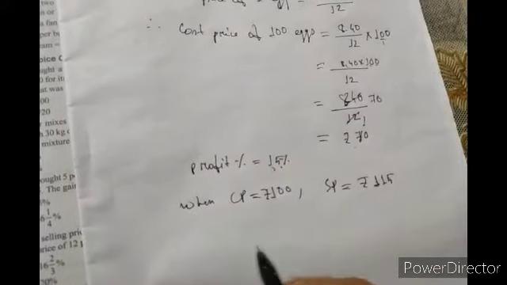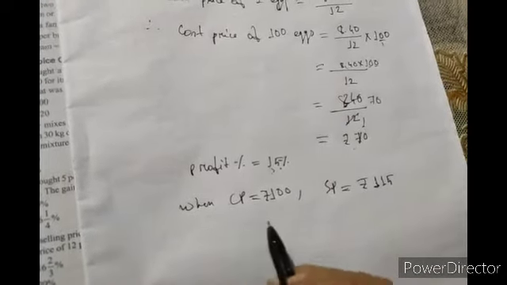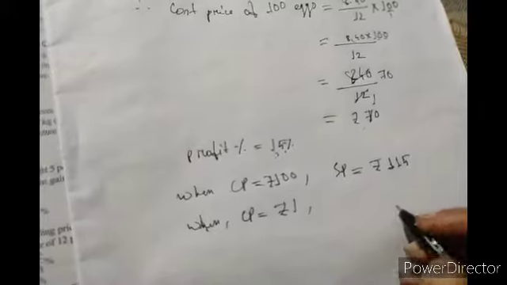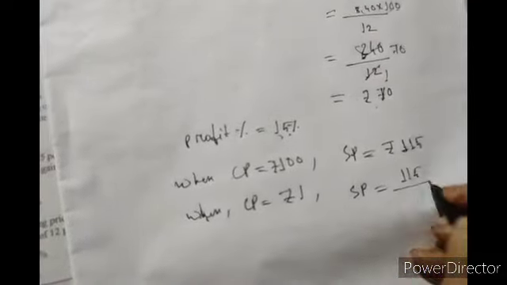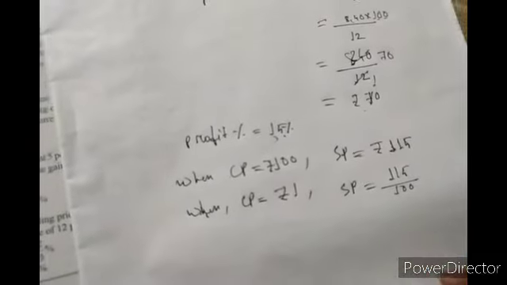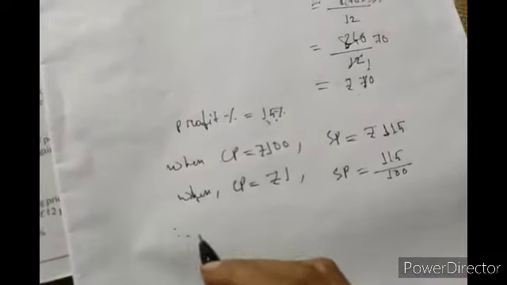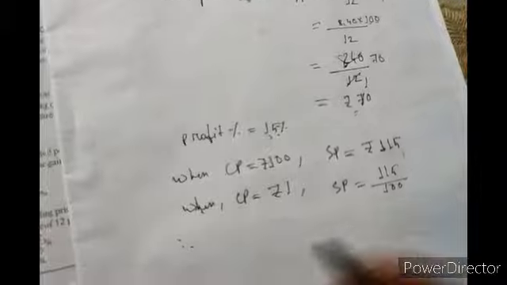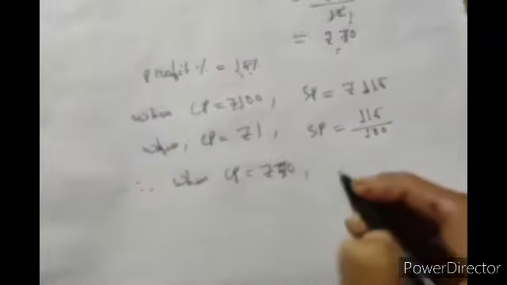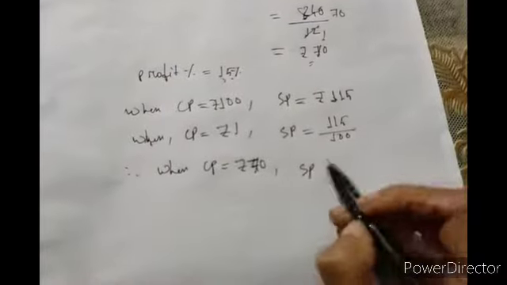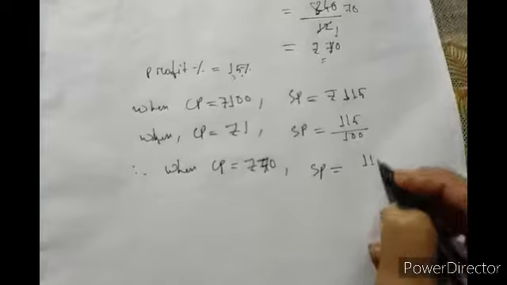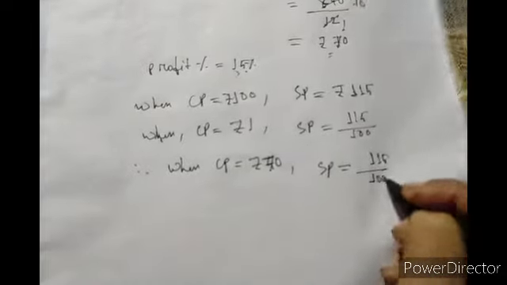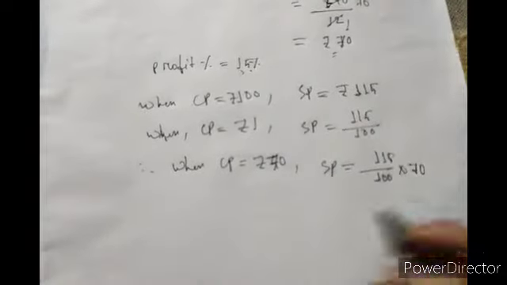Now we will compare for the unit item. When cost price is rupees 1, selling price will be 115 by 100. Therefore, when cost price is rupees 70, selling price will become 115 by 100 into 70.